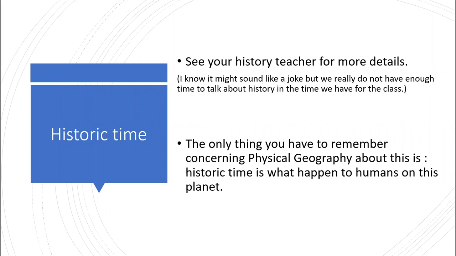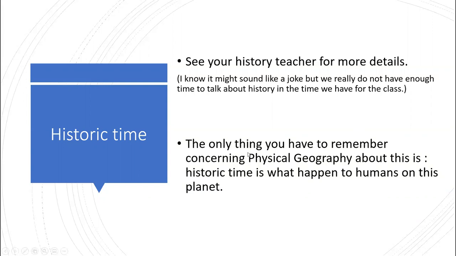Now, historic time. See your history teacher for more details. I know it might sound like a joke, but we really do not have enough time to talk about history in the time we have for the class. So just know that historic time is about people, right? The only thing you have to remember concerning physical geography is that historic time is what happened to humans on this planet.